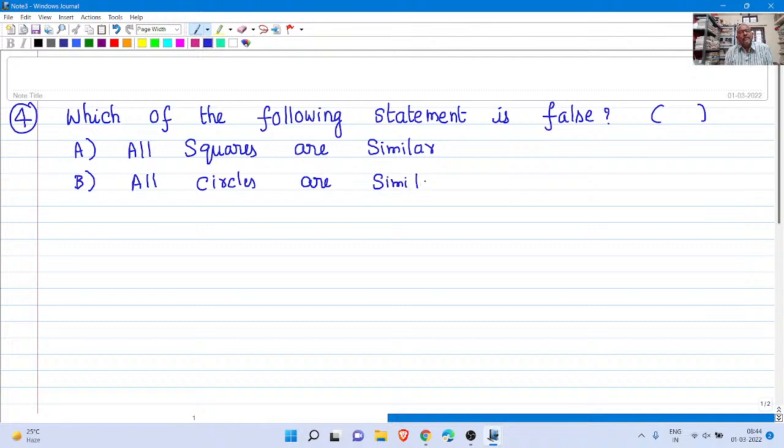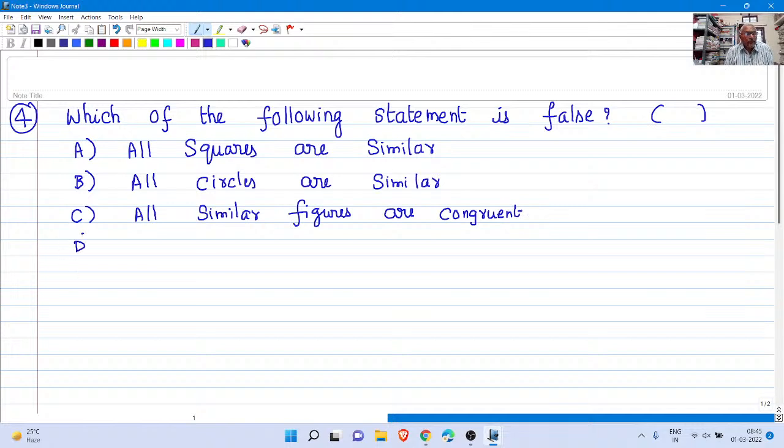Option C, all similar figures are congruent.